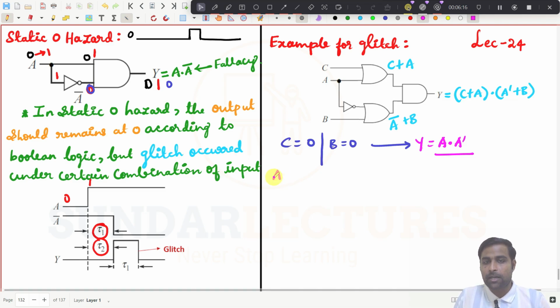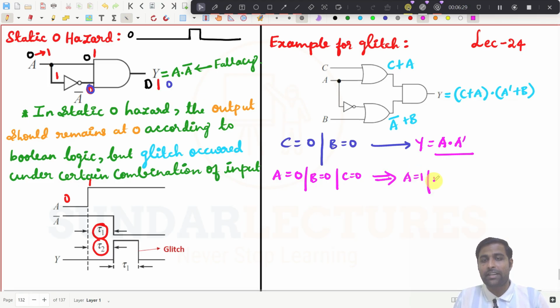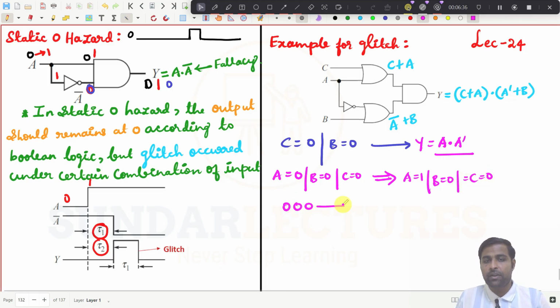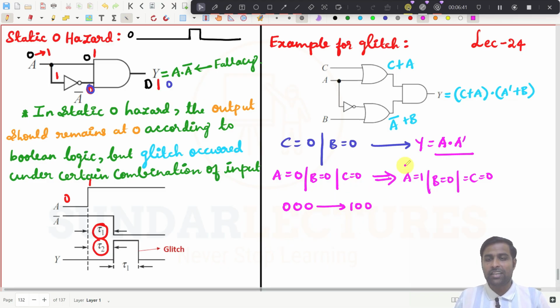If you take A to be 0, B to be 0, C to be 0, and this condition goes to A equal to 1, B equal to 0, and C equal to 0, which means if I am changing the input from 0 0 0 to 1 0 0, then a glitch will happen here. A glitch will come and that glitch will be a positive pulse like this.